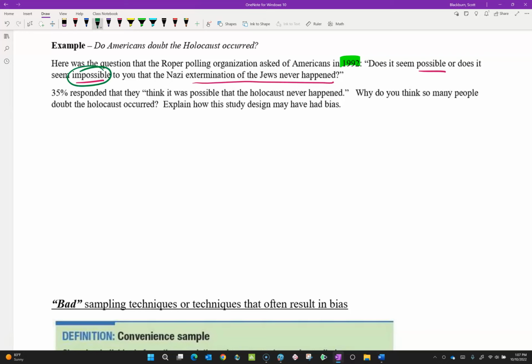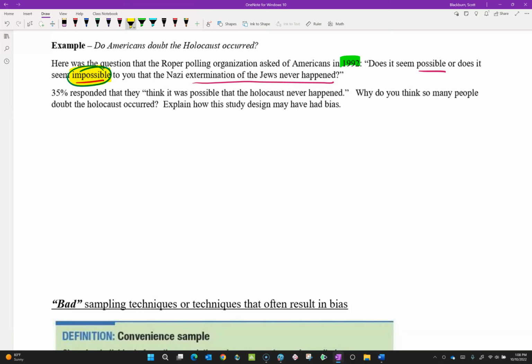So there's probably 2 things that happened here. One, first of all, the question has a double negative and it's very confusing. So people were probably confused about the question and maybe believed that the extermination of Jews happened but didn't know how to answer it. Or every year, a couple kids will talk about this, like they don't like the strength of the word impossible. They're kind of like, anything's possible, right?